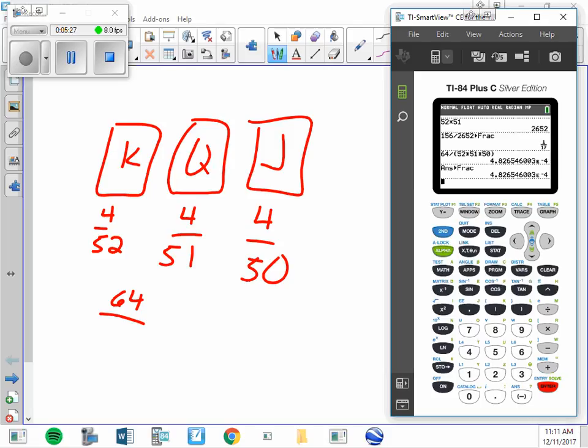No, because there are 4 queens. Oh. Oh, I see. Oh, so the computation is correct, but the problem was interpreted incorrectly.